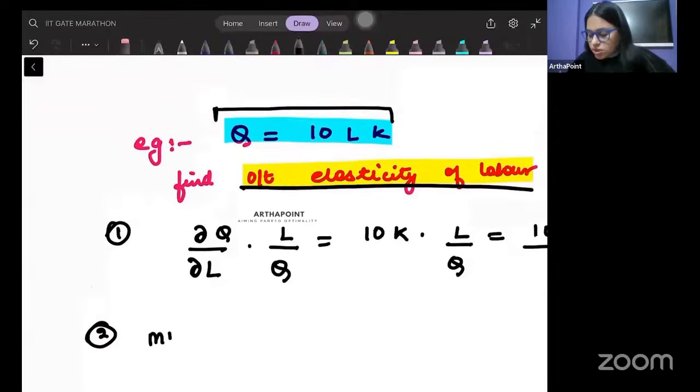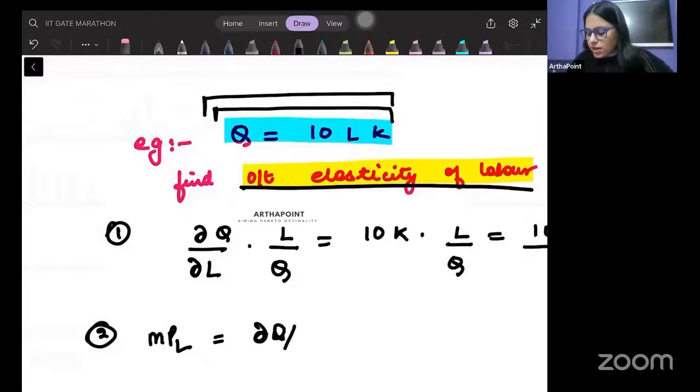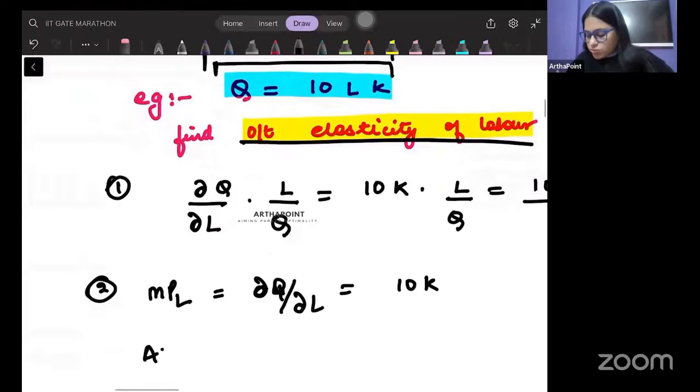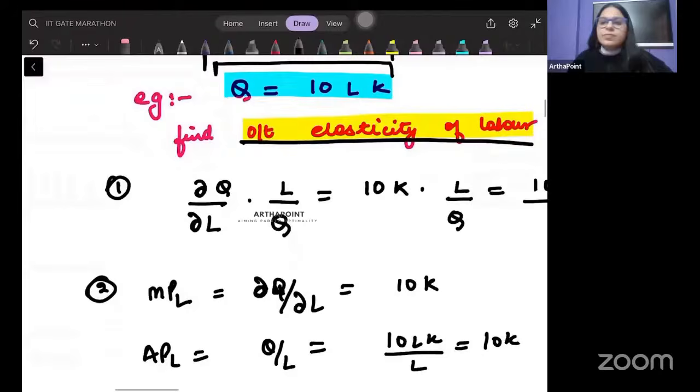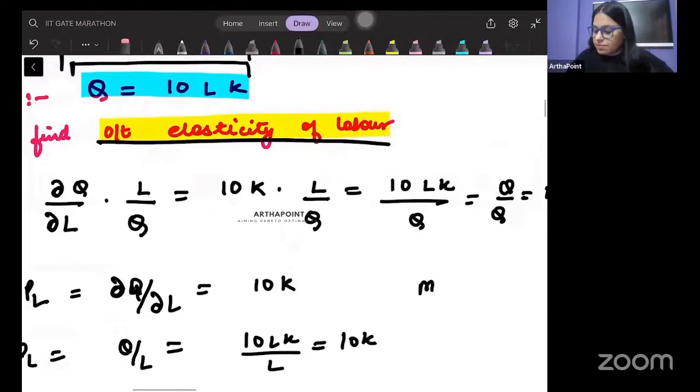What will be marginal product of labor? Differentiate this with respect to L. This will give you 10K. What will be average product of labor? Output divided by labor. This will be 10 LK divided by L, that means 10K. So what will be MPL by APL?